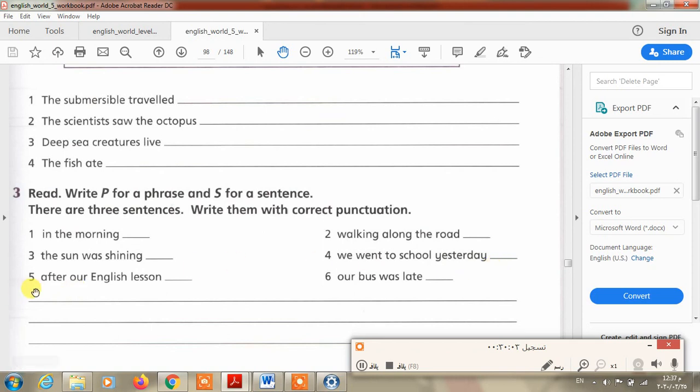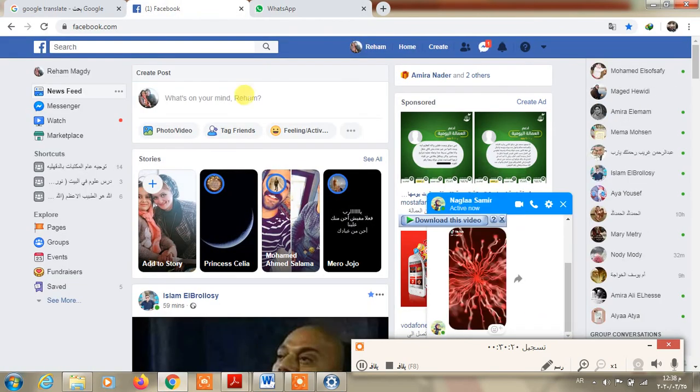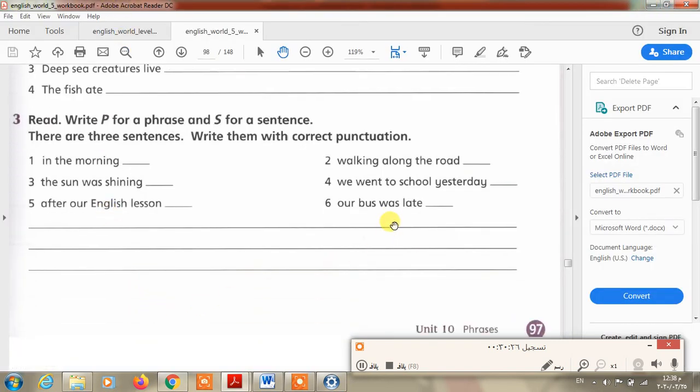Number 5, after our school lesson. What happened after your school lesson? So it is a phrase. It doesn't give me a complete meaning. But our bus was late.